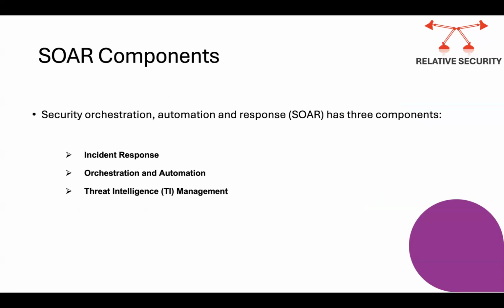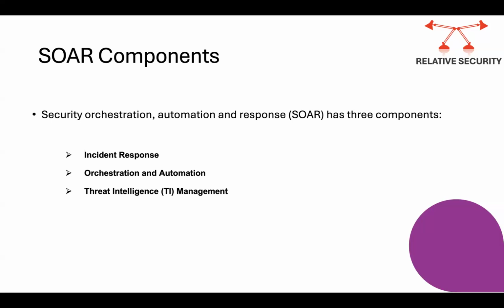So how does it do it? The security orchestration, automation, and response has three main components: incident response, orchestration and automation, and threat intelligence management. In orchestration and automation, it integrates and coordinates actions across multiple security tools and systems.